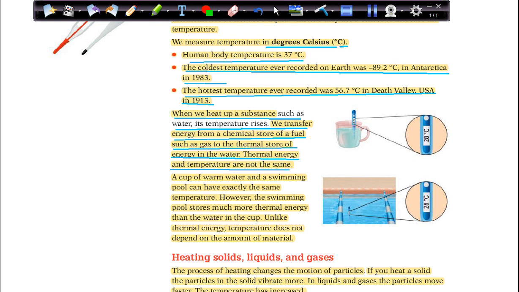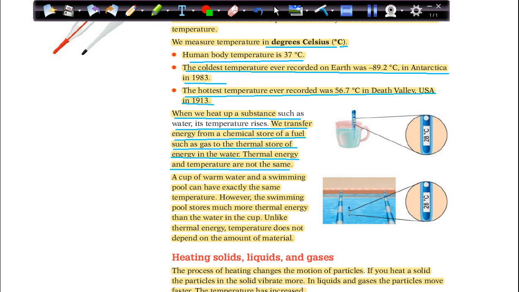So this substance will store thermal energy, and the temperature will increase. So the temperature and the thermal energy are not the same. The temperature is just a measurement of the degree of how cold or how hot this substance is.